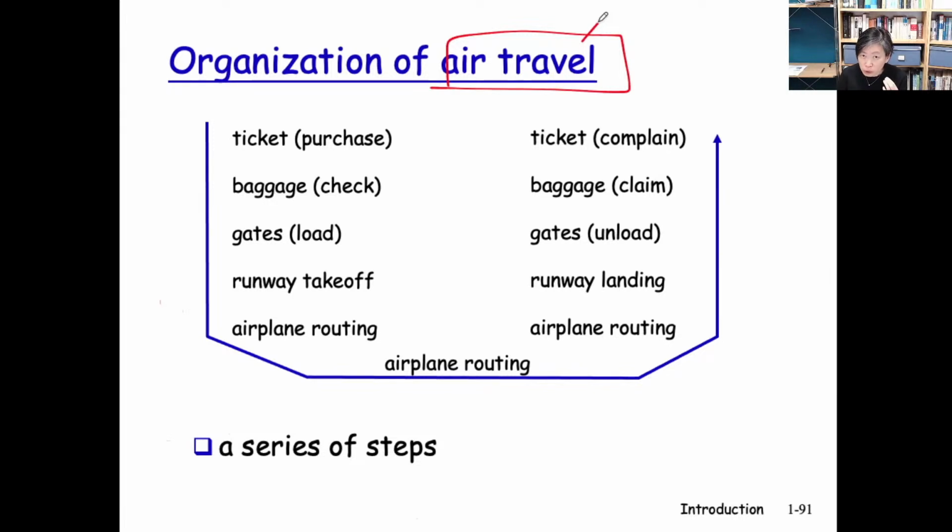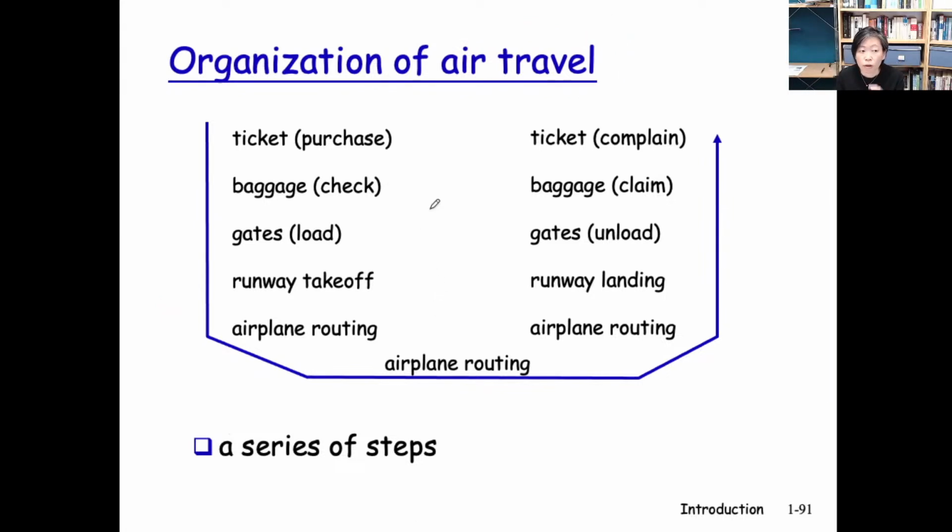And you will see air travel and the internet are somewhat similar: air travel communicates people, the internet communicates data. Therefore the architecture used by air travel is similar to the architecture used by the internet. By architecture here, I mean the service model, the way the service operates.